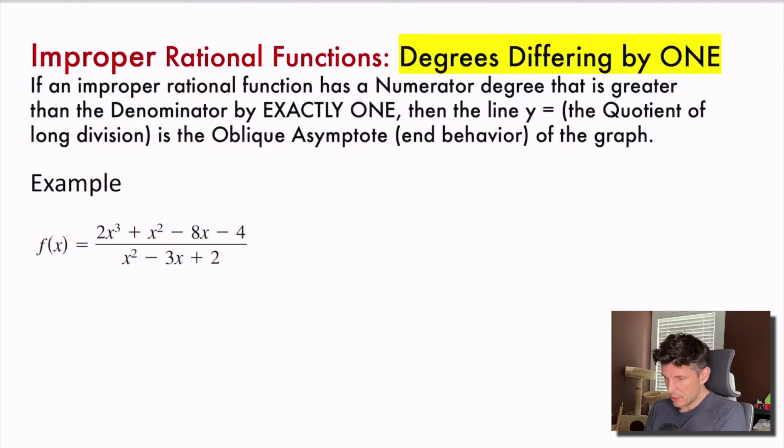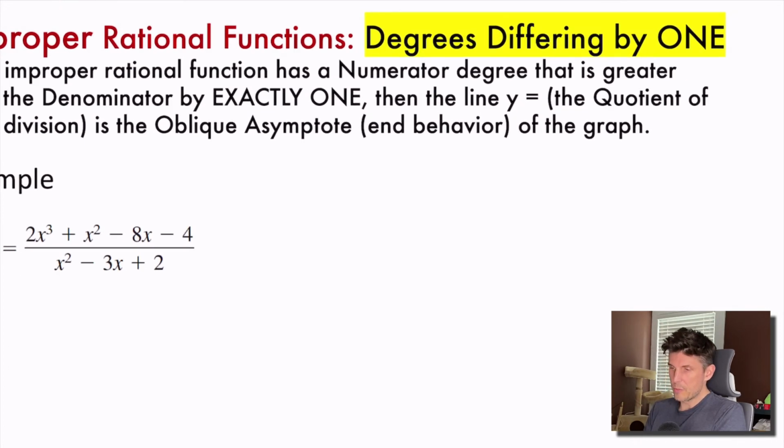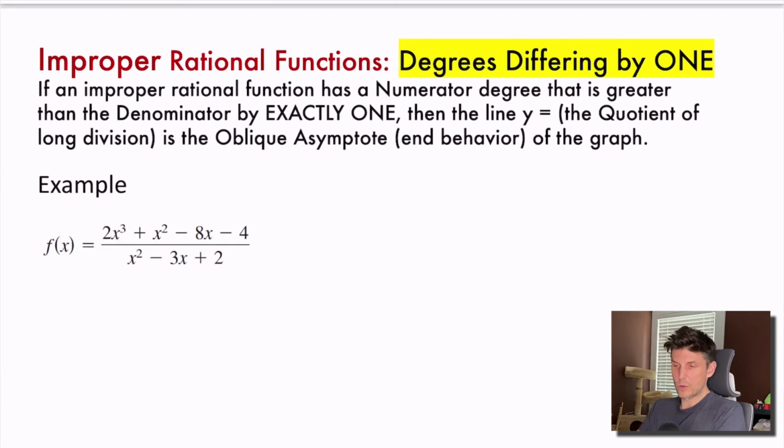I should have paid better attention when I made this. But your end behavior model is going to be y equals the quotient of long division for the numerator and the denominator. So I'm going to show you how to do that right now. But it's literally y equals the quotient. You don't have to worry about the remainder or remainder over divisor, nothing like that. It's just going to be y equals the quotient.